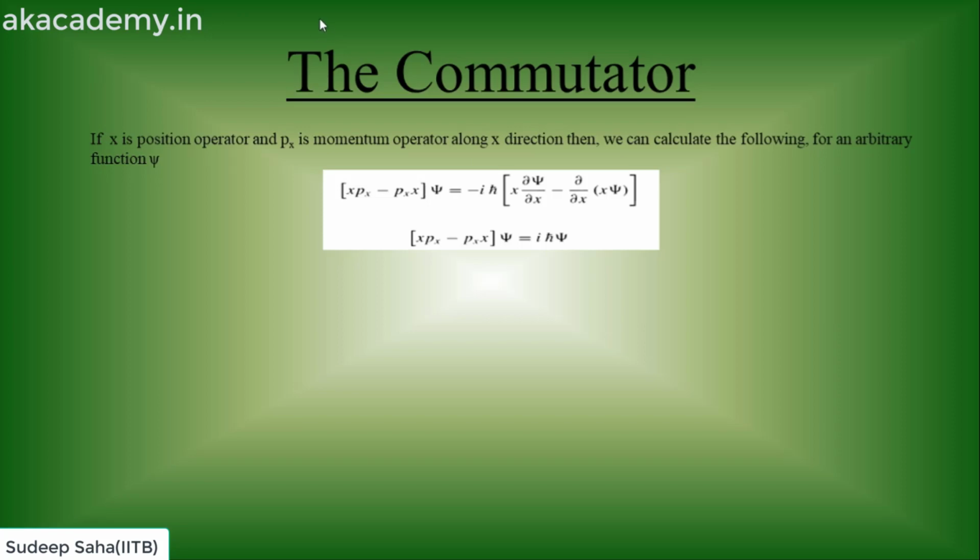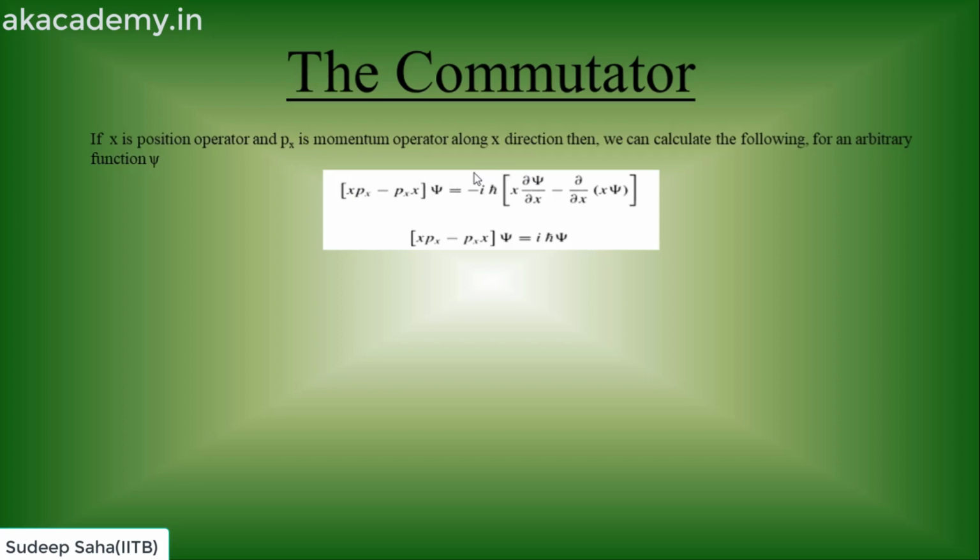So if x is a position operator and px is a momentum operator along the x direction, then we can calculate the following expression, x px minus px x, which acts on psi.